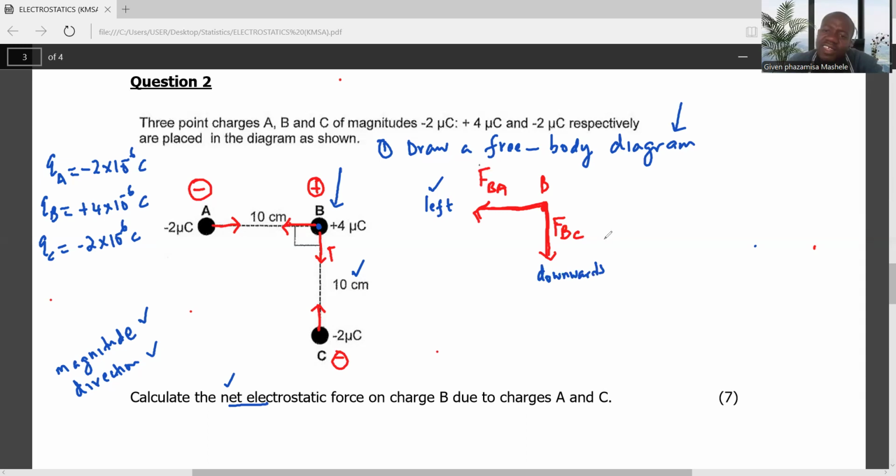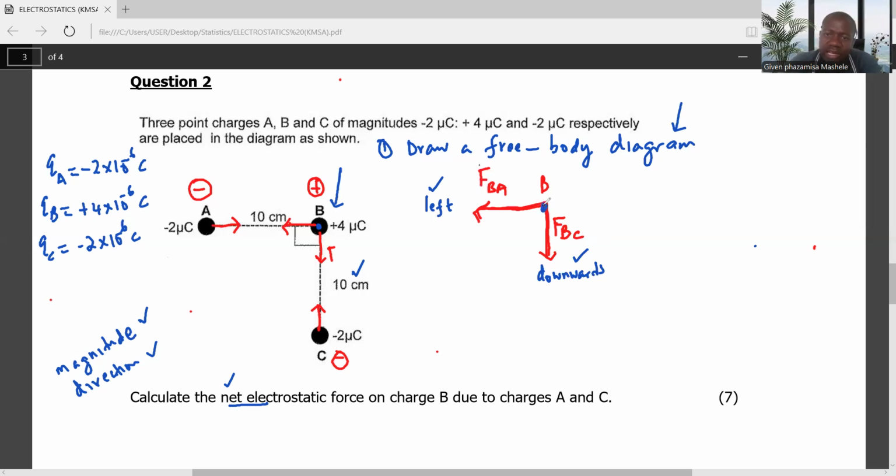Now, look at this. This one is the horizontal part and this one is the vertical. Remember, you cannot combine left and down and calculate the resultant with that. So now this becomes a two-dimensional shape, we are dealing with two-dimensional charges.